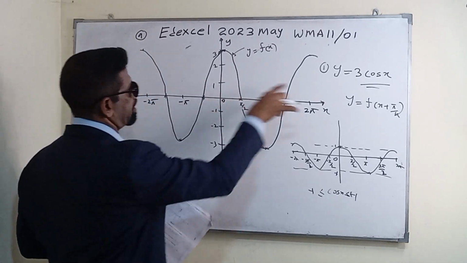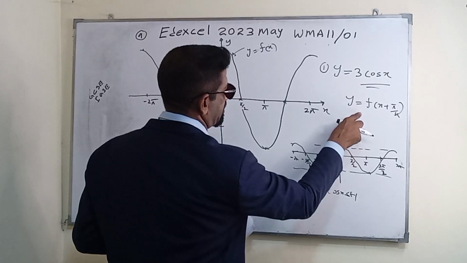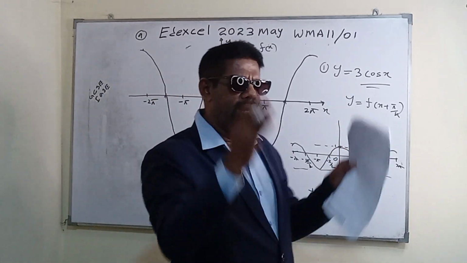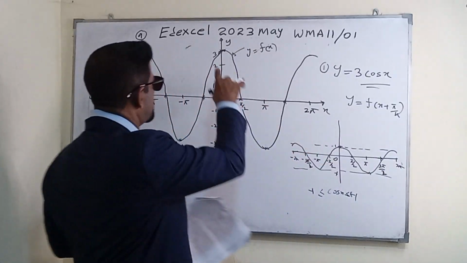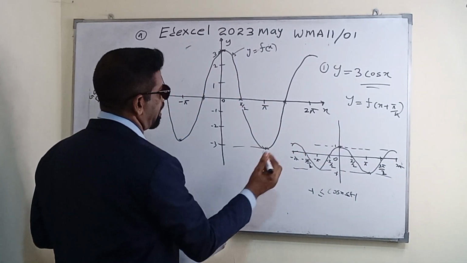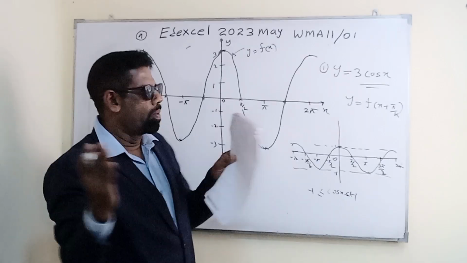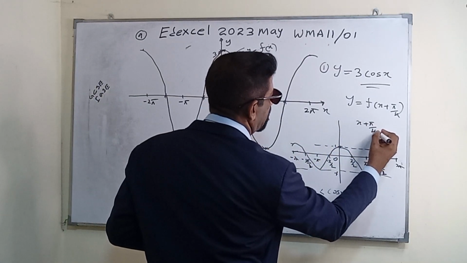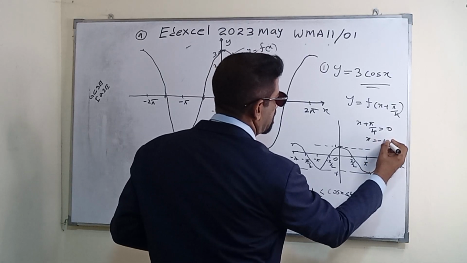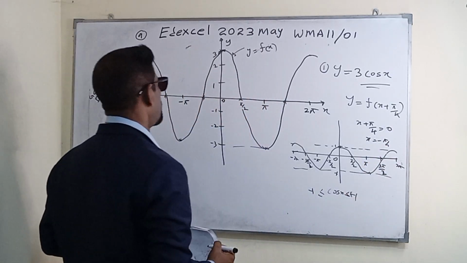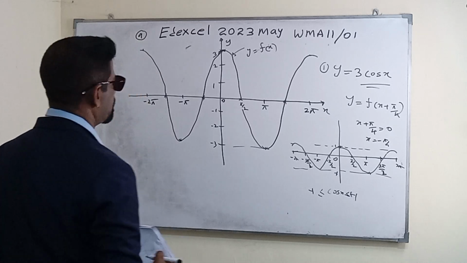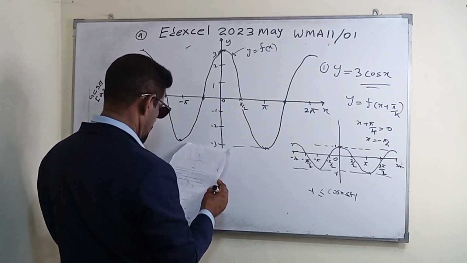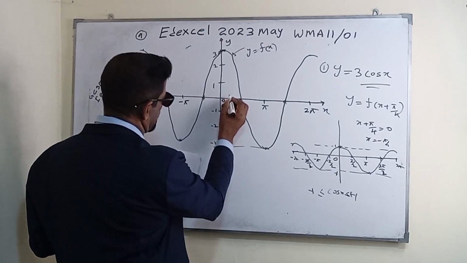The f(x) means the y equals 3 cos x graph, so the 3 and minus 3 do not change. Only the x coordinate moves: x plus 5 over 4 equals 0, so x equals minus 5 over 4. The graph moves by 5 over 4 to that position.